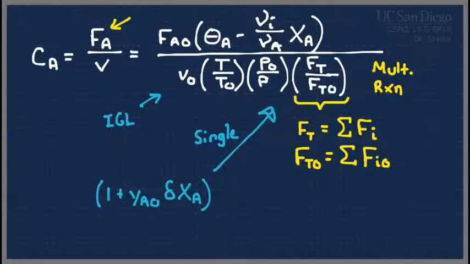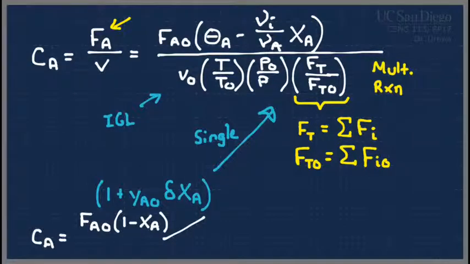The way that we had ended up writing ours for this specific example was that CA would be equal to FA0 times 1 minus XA. The delta for our expression was 0 because we had the same number of moles being formed as the number of moles that were being consumed.